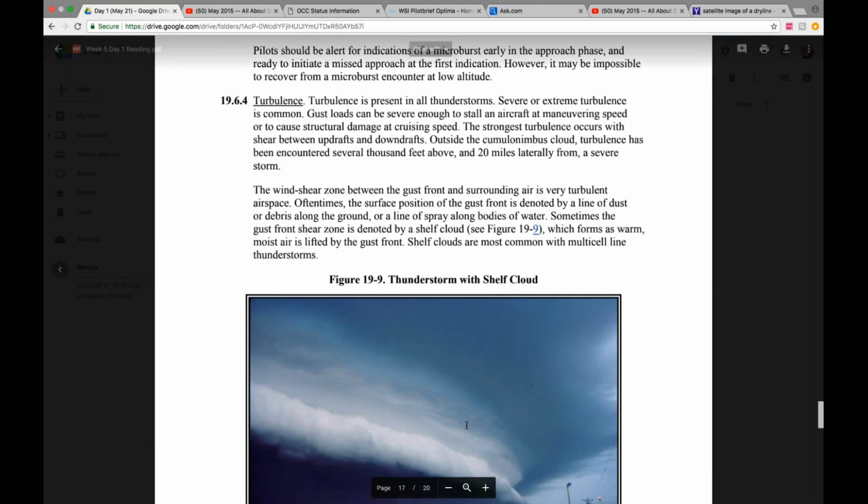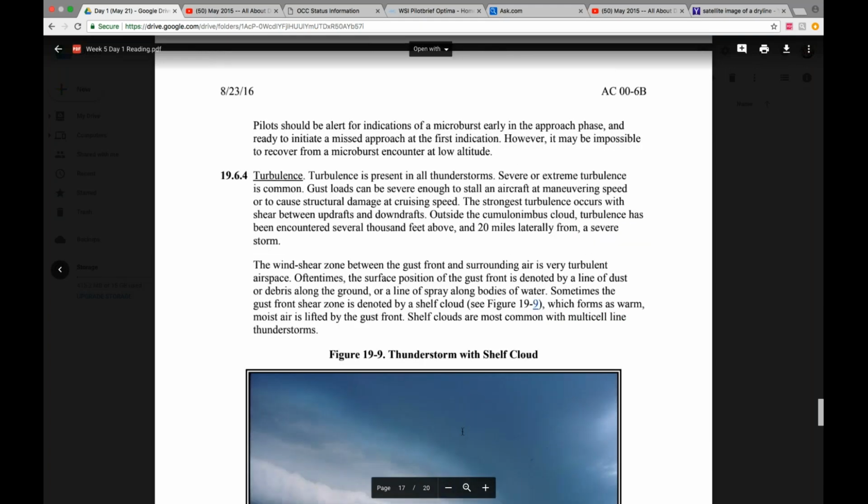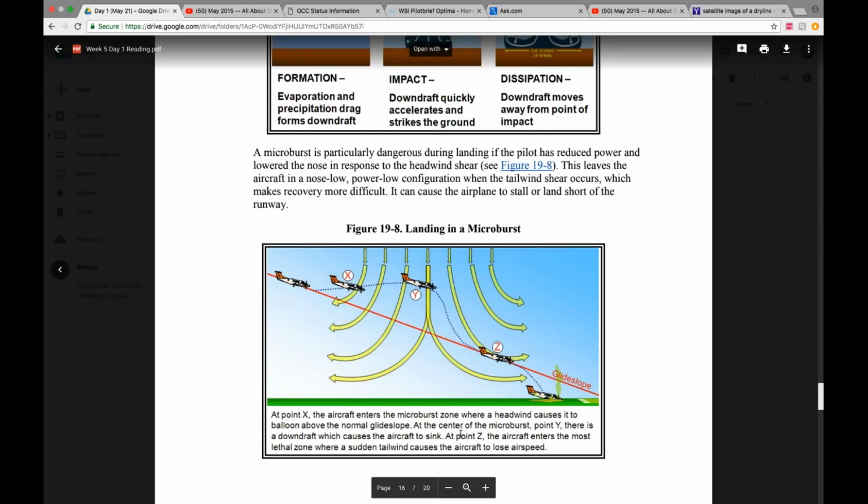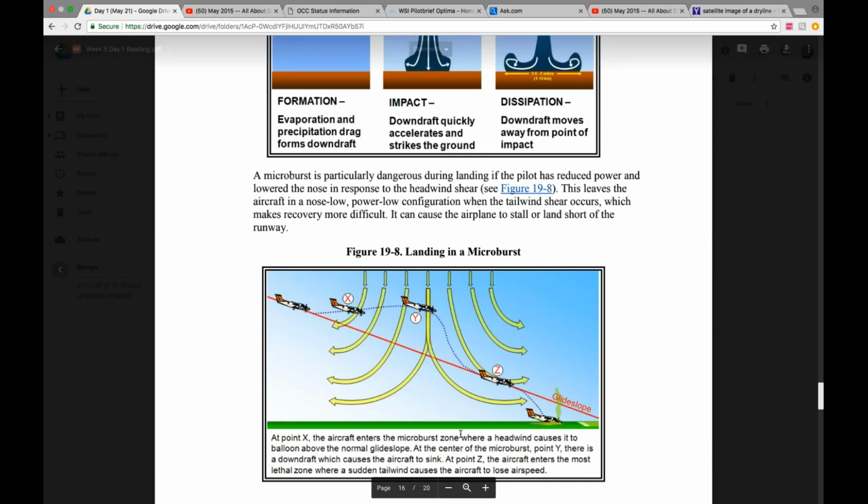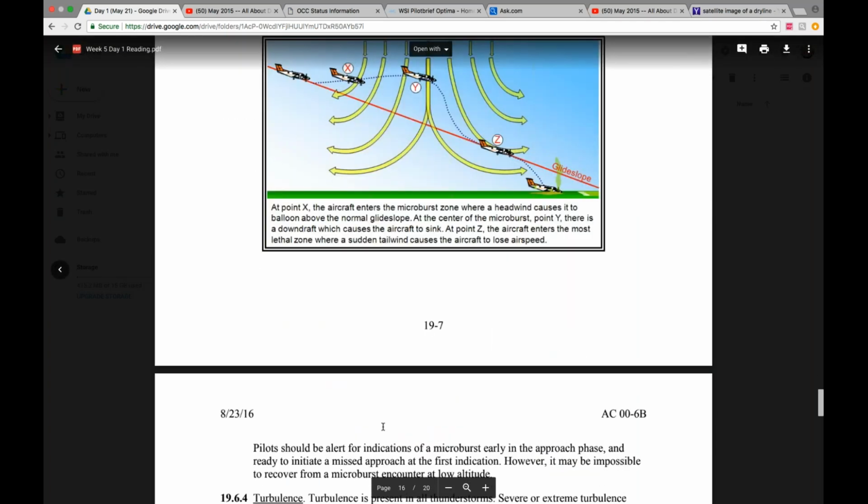But yeah, microbursts. Like I said, they're typically going to be following behind a thunderstorm. You know, the dissipating stage of the thunderstorm is when we're going to see those microbursts happening, and that's due to those strong downdrafts, like I was talking about previously.